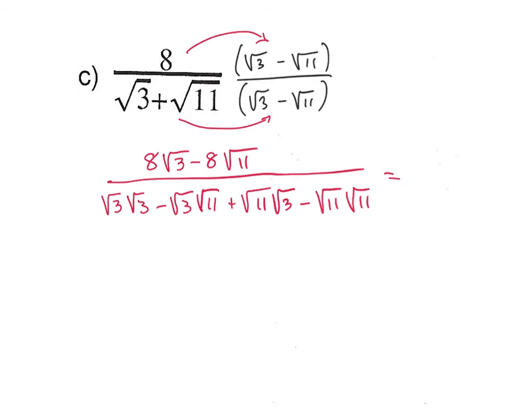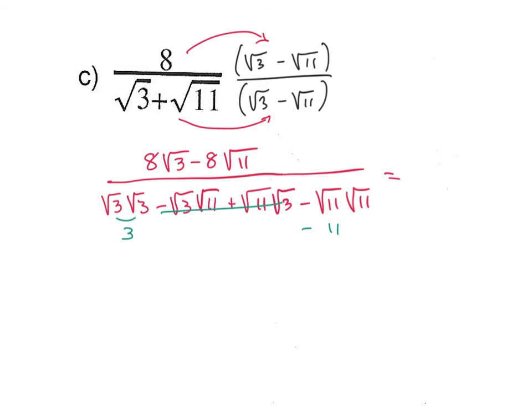Goodness, it seems complicated, but it will all simplify out. I know right here that the square root of 31 minus the square root of 31 is going to cancel out. That is going to become 0. And I know that the square root of 3 times the square root of 3 is the square root of 9, or we can also say 3, minus the square root of 121, or 11 times 11, which is going to be 11.